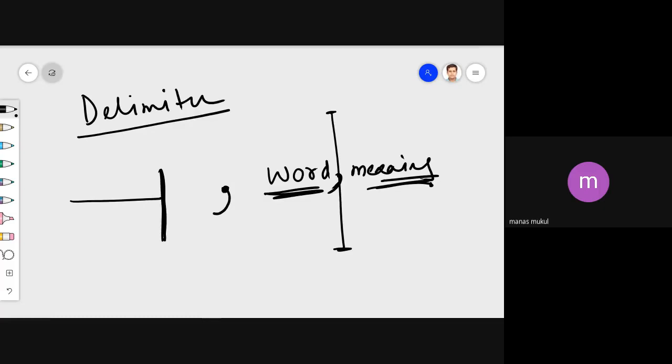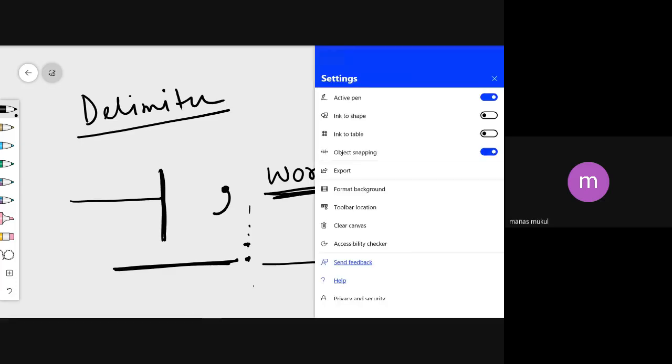If you have a sentence and if you put a colon, that means this sentence is broken here. So we are defining the boundary, or the place where the sequence is broken. So comma is a delimiter which breaks the sequence. Similarly, colon and semicolon break the sequence.